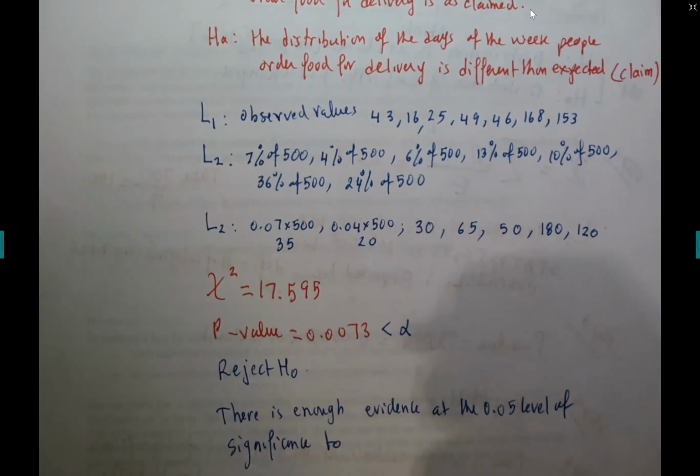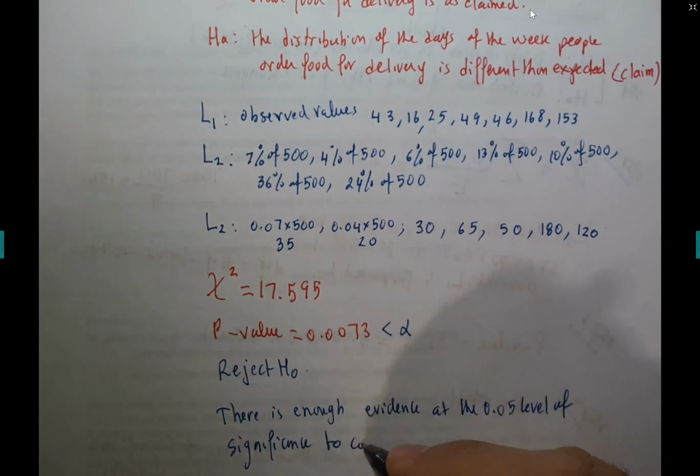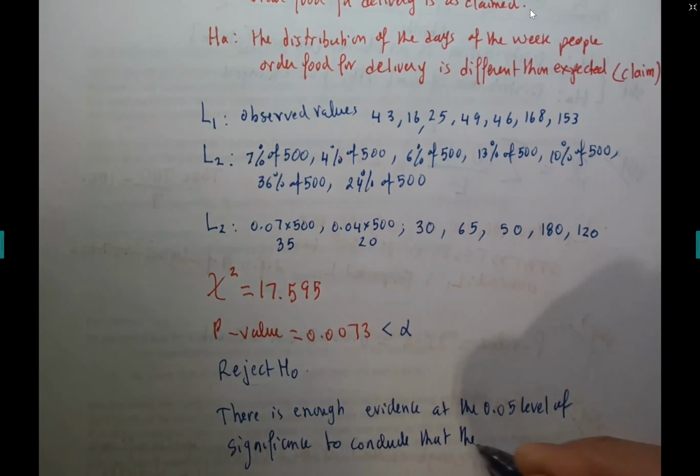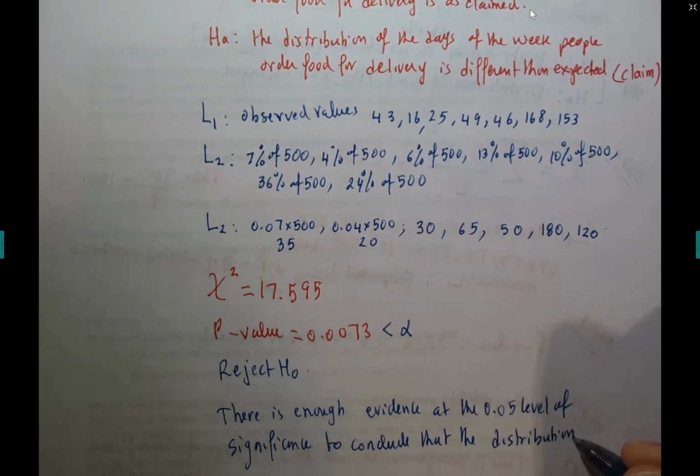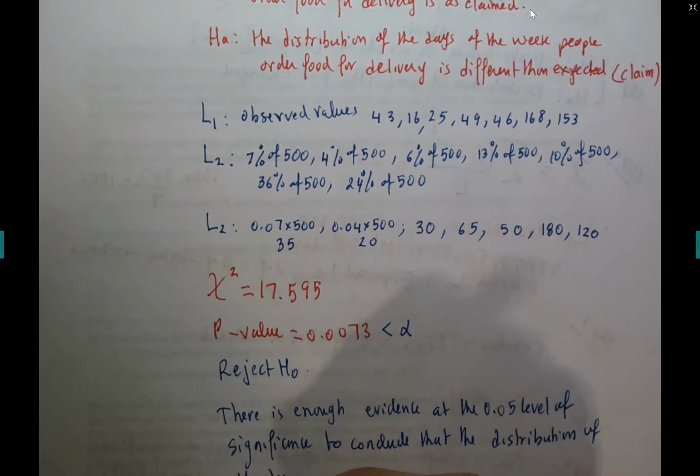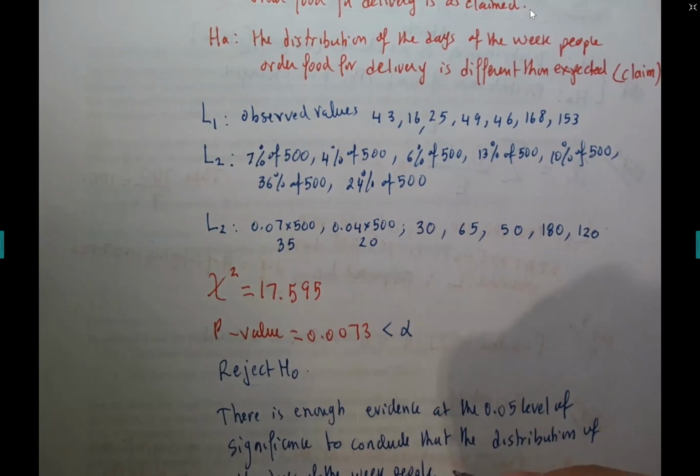You can say to support the claim that the distribution is different than expected, or to conclude that the distribution of the days of the week people order food for delivery has changed, or is different than expected.